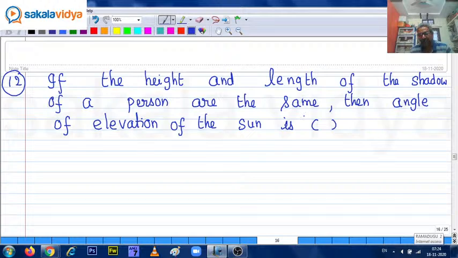Height and length being the same means the previous problem itself only. So height by length is 1, tan theta is equal to 1, theta is equal to 45 degrees.